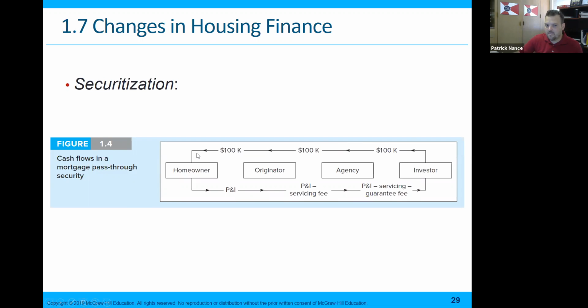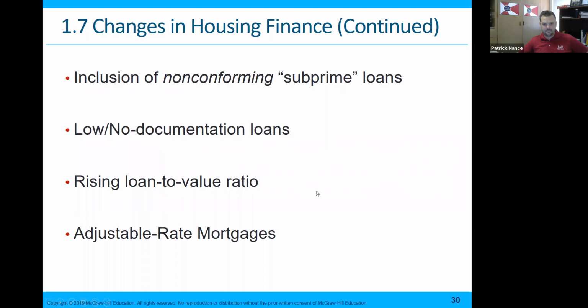The home is owned by the homeowner eventually once they pay down all the P&I. It is secured with the house itself, where if you don't pay the loan or the liability goes bad, they will take the house and sell it.